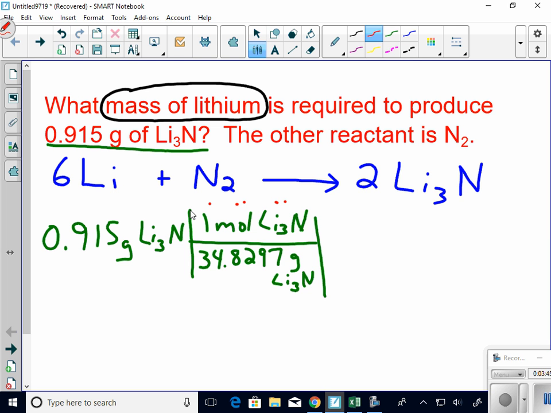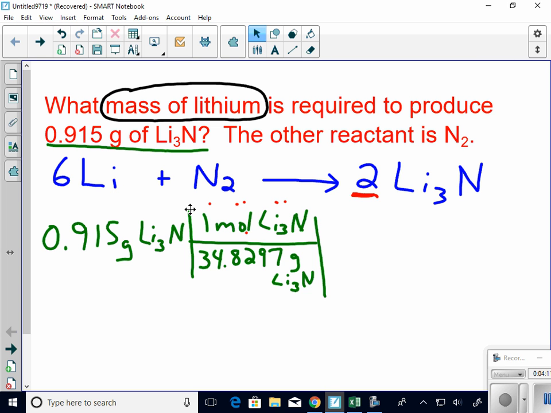Because folks want to come up to the molar ratio. This right here is a conversion. 1 mole equals 34.8297. Right? So that's going to be 1 mole right here.